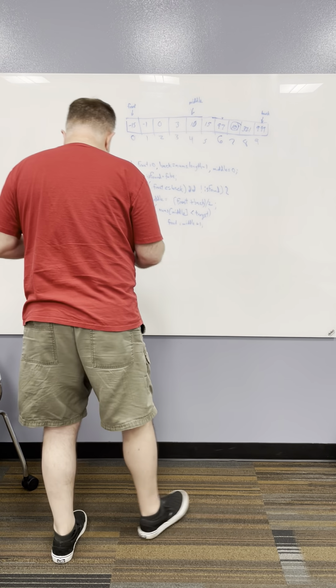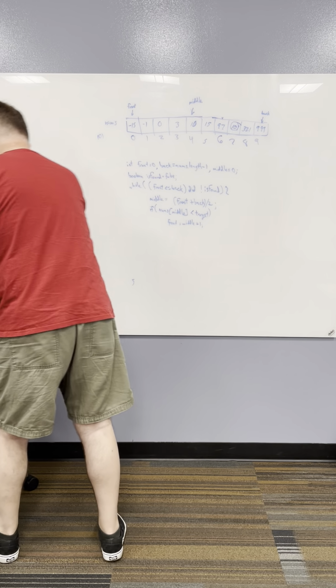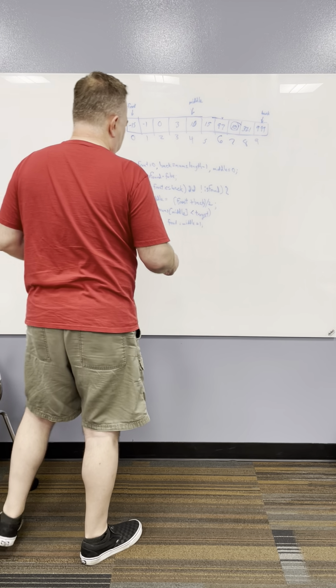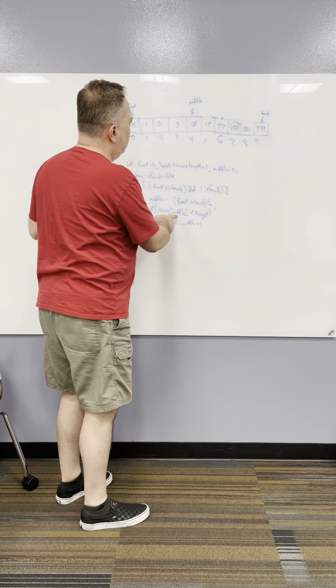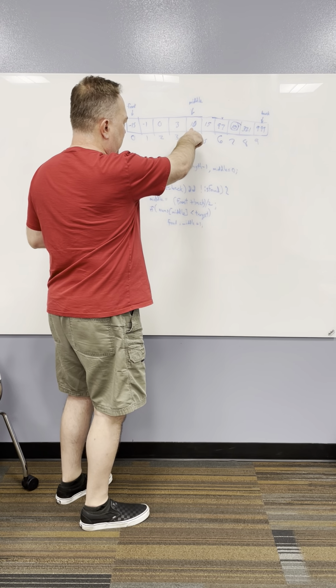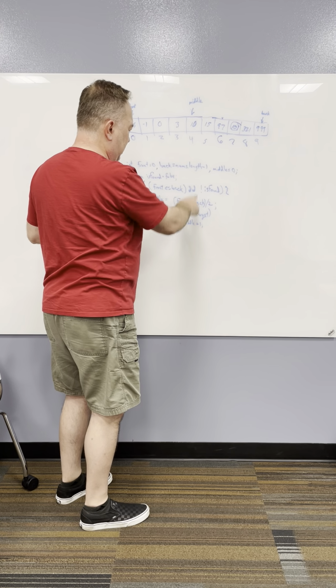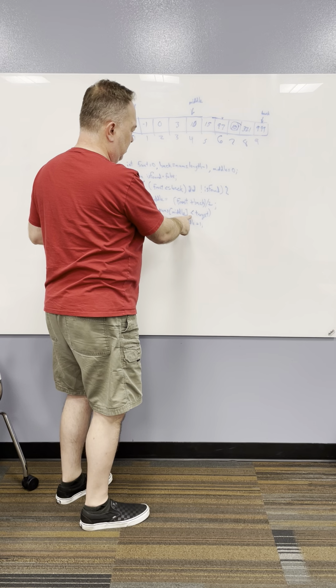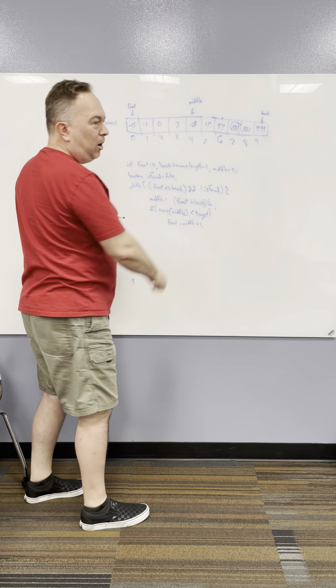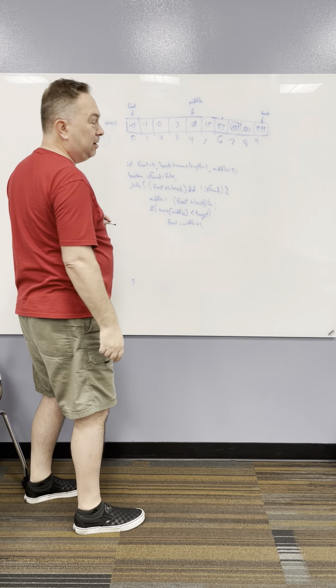All right, so let's look at this piece first before we go on to more. If nums middle, this one here, that would be 10, is less than the target. Well, the target in our example was 101. So yeah, it's less than the target.